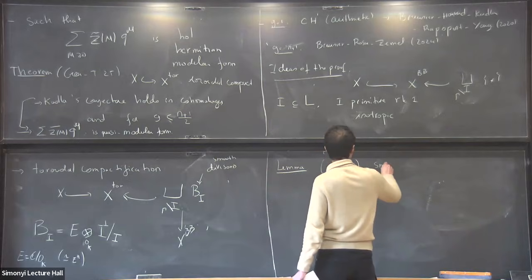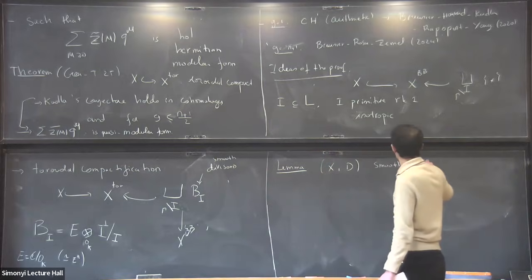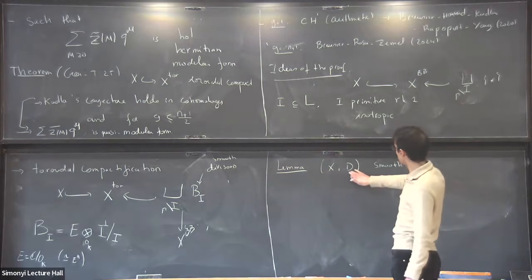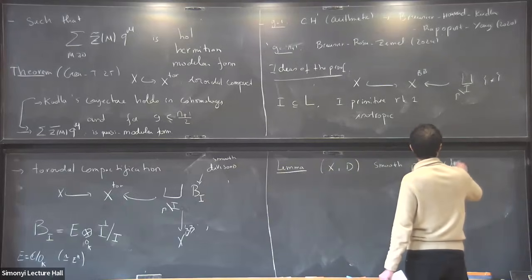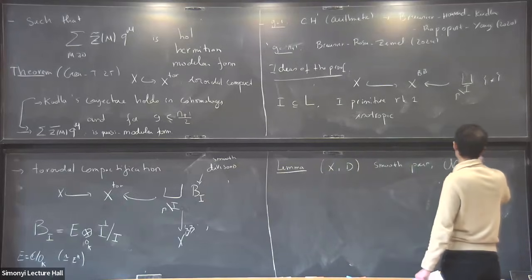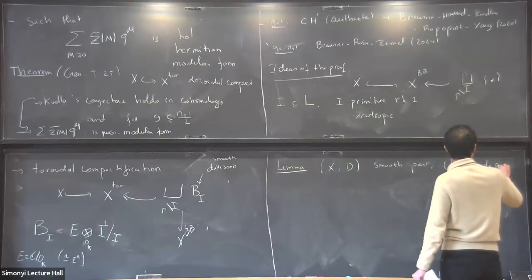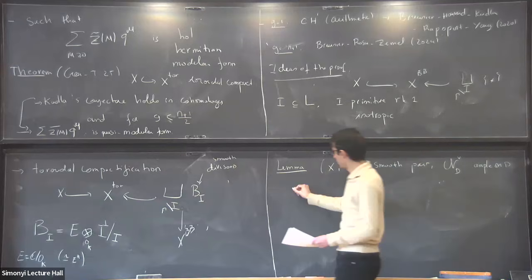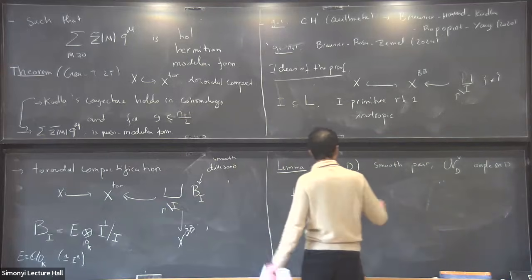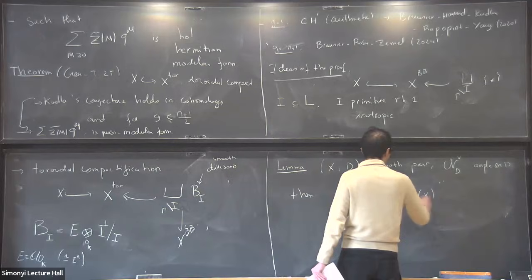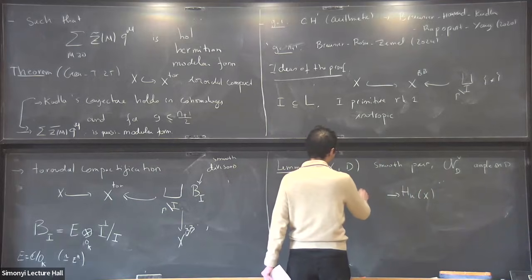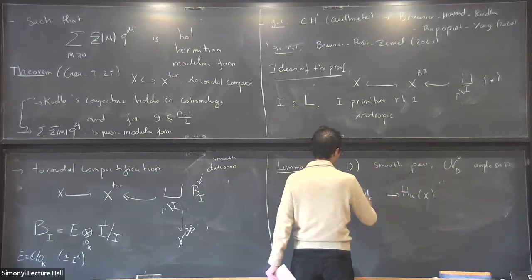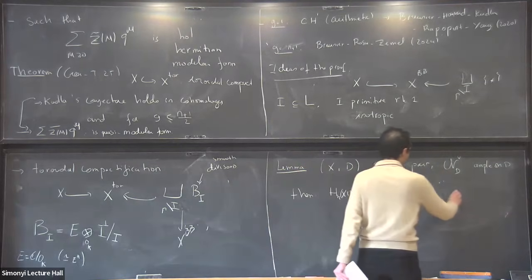If you have a smooth pair, X smooth projective and D a smooth divisor, and you assume that the dual of the normal bundle of D is ample on D, then the homology of X can be generated by the homology of the complement and the homology of the divisor, meaning this map here is surjective.